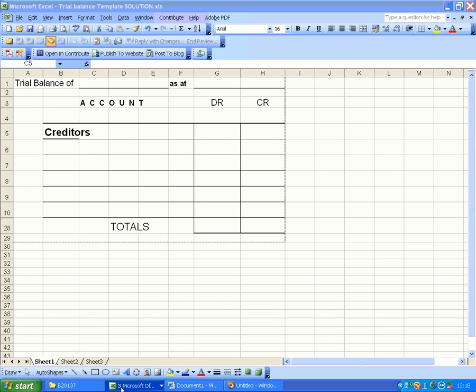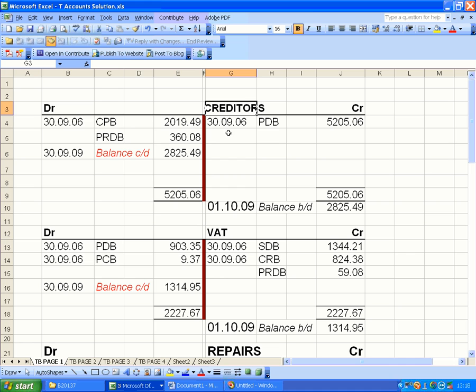Now, when we're at the T account, we have to decide which amount goes over to the trial balance. What in theory we're doing is collecting the balances, and again using the duality rule. If the balance is on the debit side of the T account, it has to be posted using the duality rule to the credit side of the trial balance.